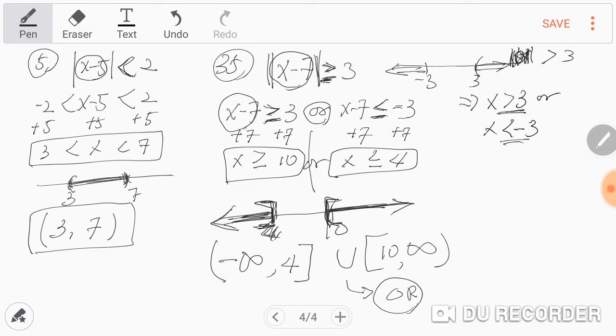When you put two intervals together, we use U. U means or. So we can write the solution using interval notation like this, or inequality notation like this, or graph notation like this.